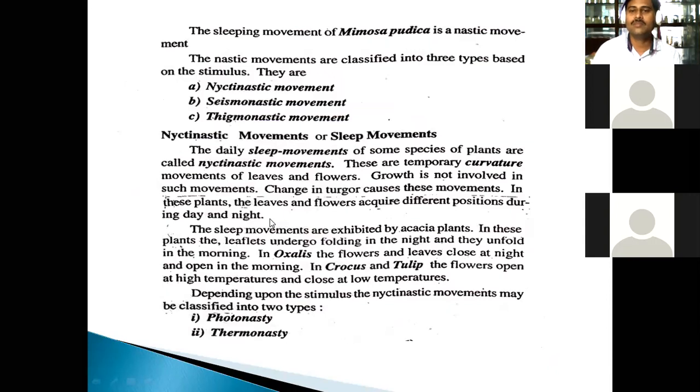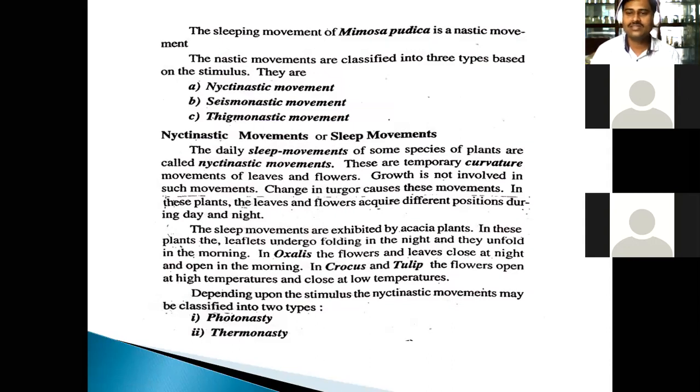Then sleeping movement of particularly Mimosa pudica, which we call lajalu, as we know. This is also seen in various Mimosa species, specifically Mimosa pudica, showing both types of nastic movement: nyctinastic, and again the touch-related seismonastic.